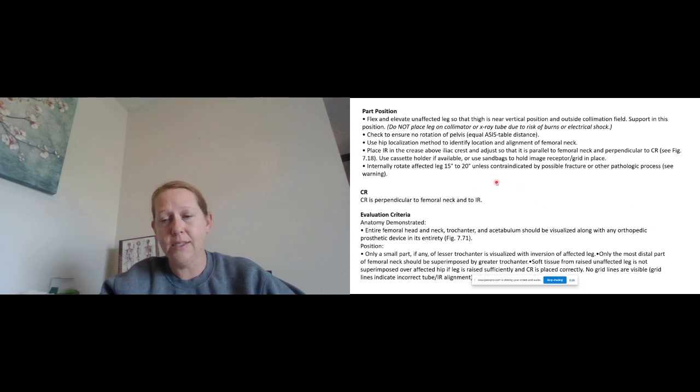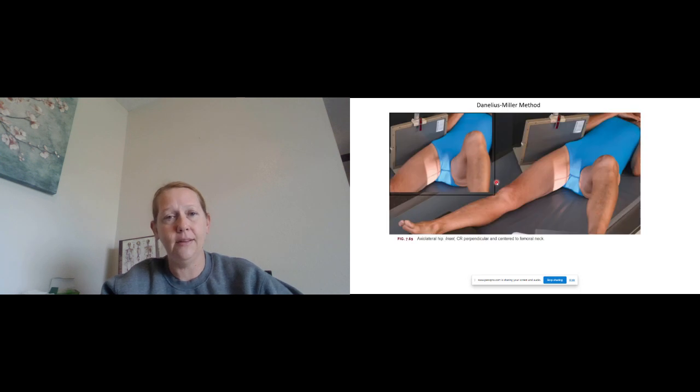So let me show you what a Danelius-Miller looks like. It looks like the Clements-Nakayama just a little bit, but here you put the IR plate way up here past the iliac crest. Now this leg gets in the way, and that's why they were saying please don't place it on the tube, because you're shooting a cross table beam directly at that neck of the femur.